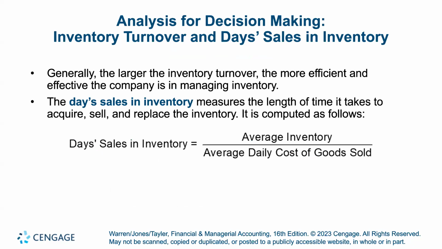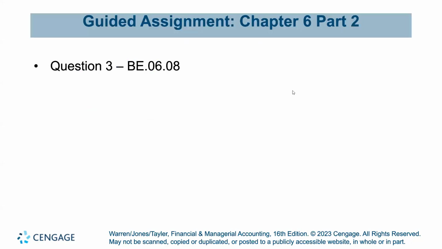Or sometimes we write this as cost of goods sold per day, which would mean take the year's cost of goods sold and divide by 365. That would give you a daily cost of goods sold. All right, so let's do a problem with it. And these numbers are actually super helpful when you're looking at the health of a business, which is why we use them.